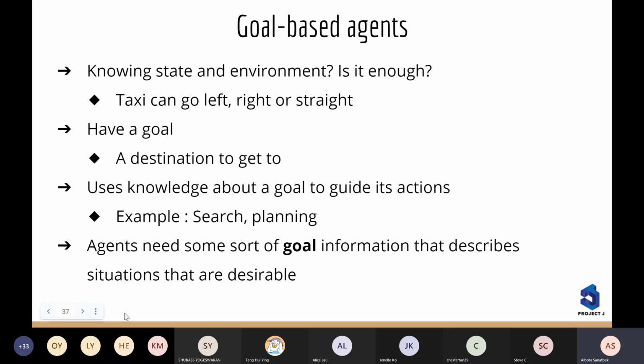So it uses goal information. Goal information is like a situation that is desirable to be in. So this goal-based agent desires to be in that state.